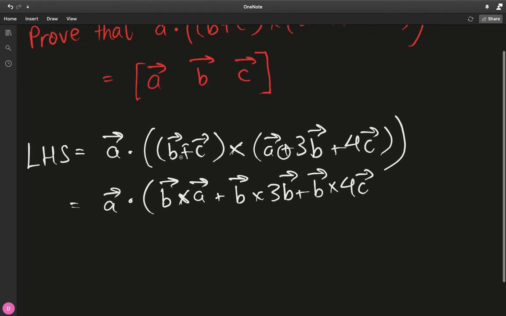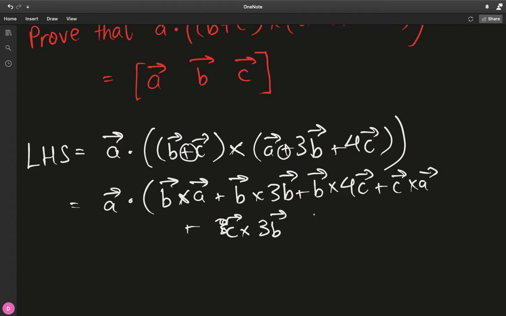Okay, and then this plus C vector cross A vector plus C vector cross 3B vector plus C vector cross 4C vector.